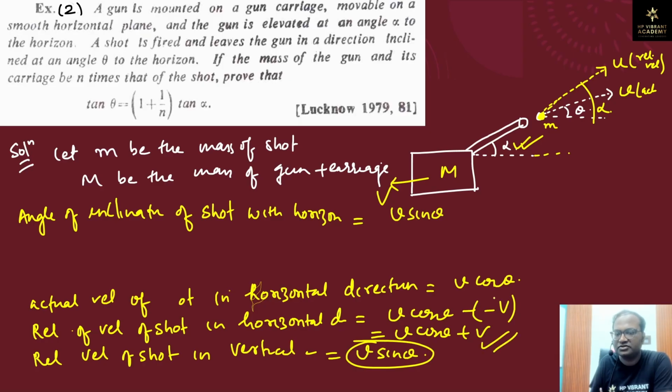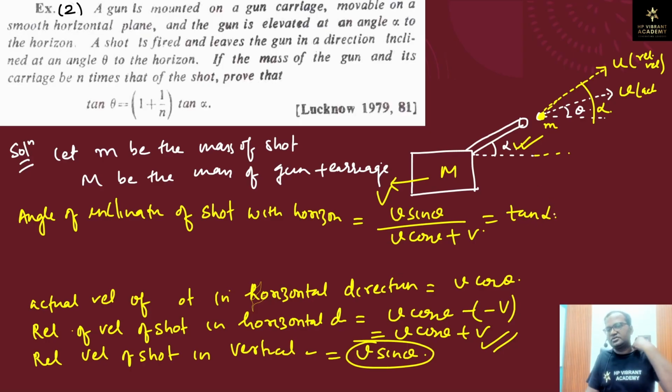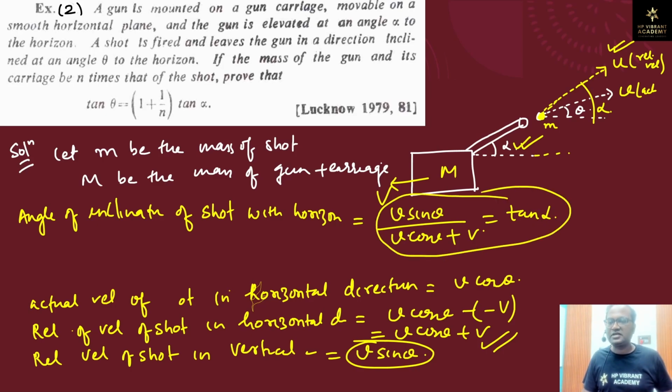And this is equal to tan alpha, because alpha is the inclination of relative velocity with horizontal. Relative velocity is u. So tan alpha is equal to small v sin theta upon small v cos theta plus V.